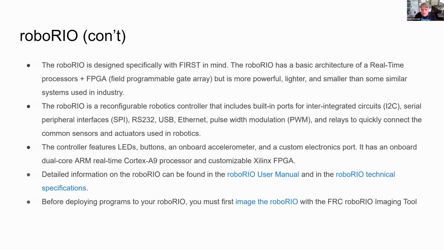It has a number of ports that we can use. We can use something called I2C, or I-squared-C, integrated circuits. It's an interface that's used in a lot of different things today. In particular, it's used for a lot of different sensors.